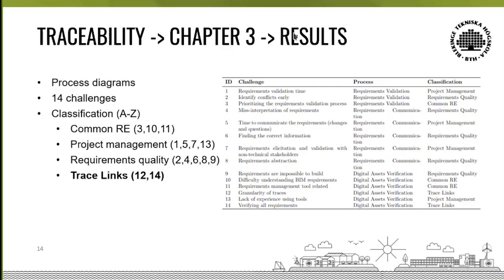Requirements quality challenges. These challenges are related to the way that requirements were specified. And trace links. Trace links are about the creation, or the existence, of these trace links, and their quality, between requirements and other artifacts.